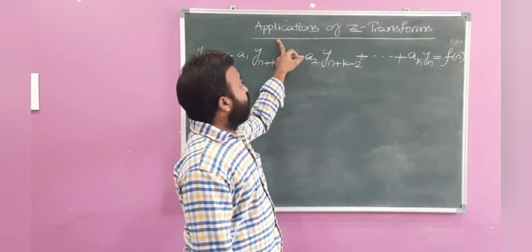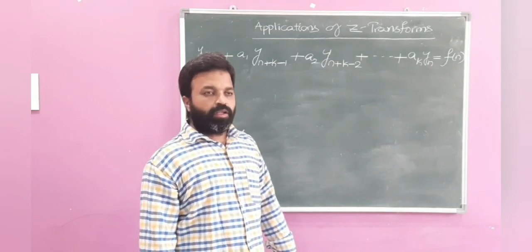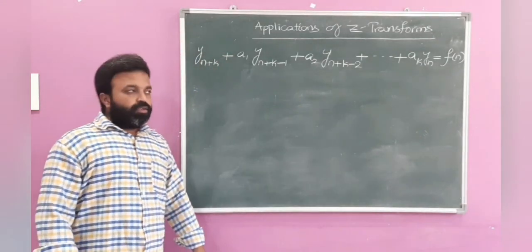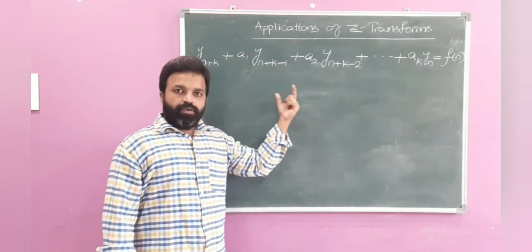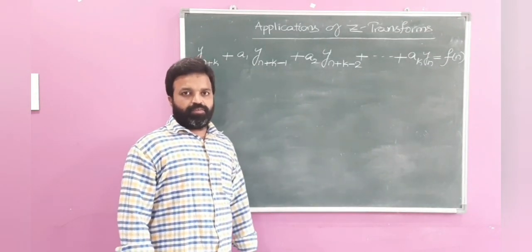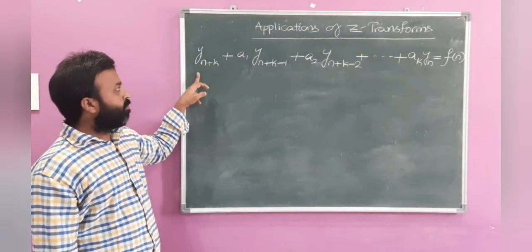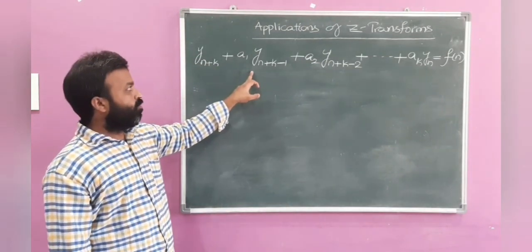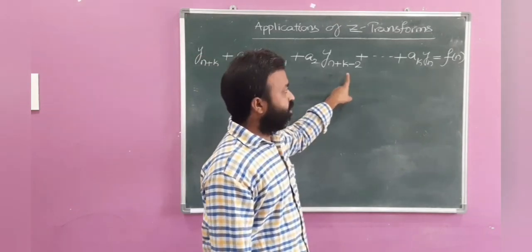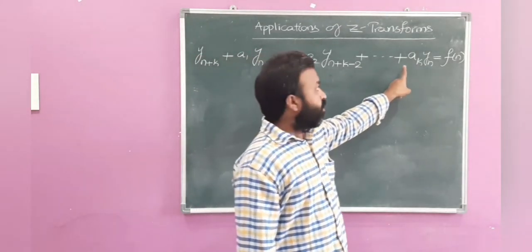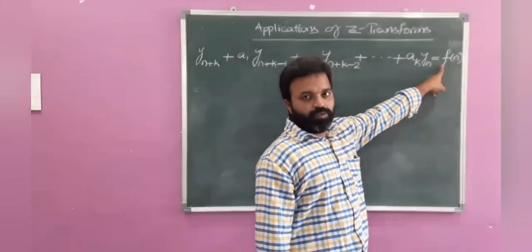And now we'll see the applications of Z-transforms, a very important one. Z-transforms are used to solve difference equations. Okay, so we have a relation like this: y(n plus k) plus a1 y(n plus k minus 1) plus a2 y(n plus k minus 2) plus and so on a suffix k y(n) equal to f of n.